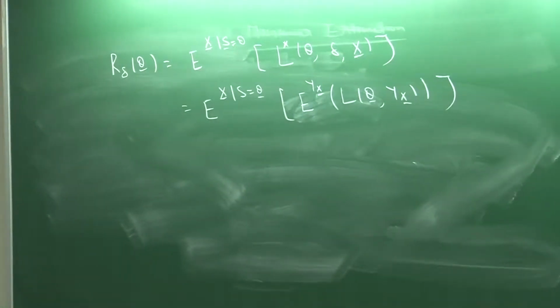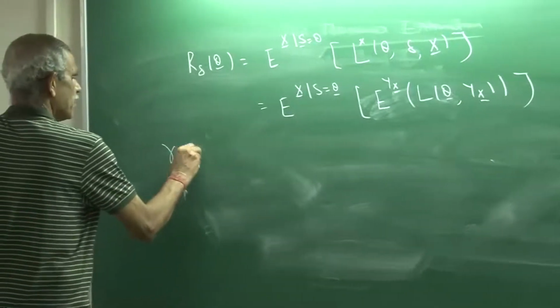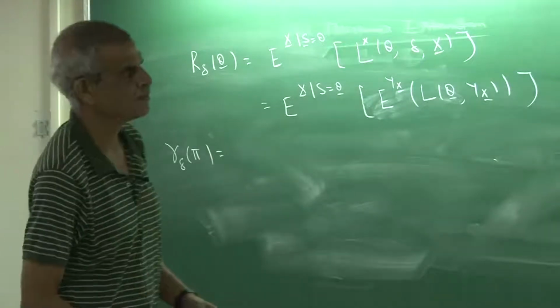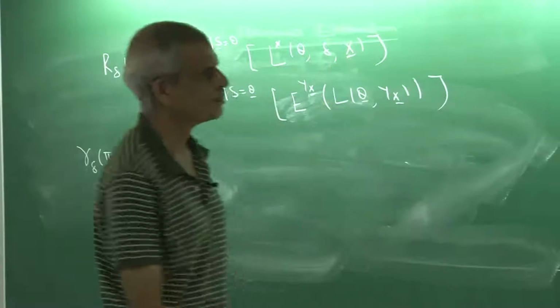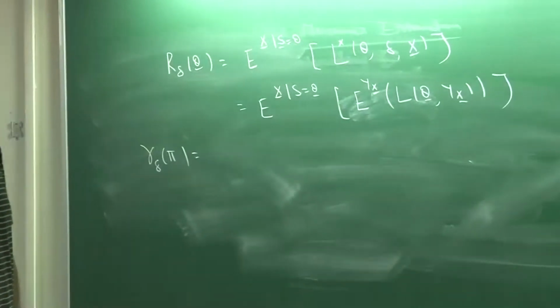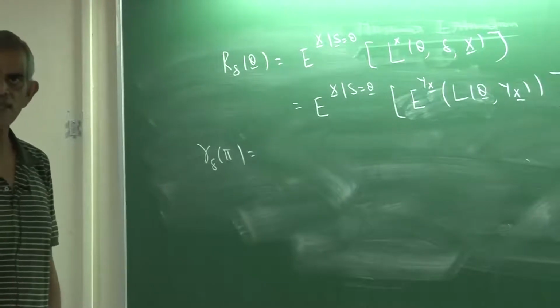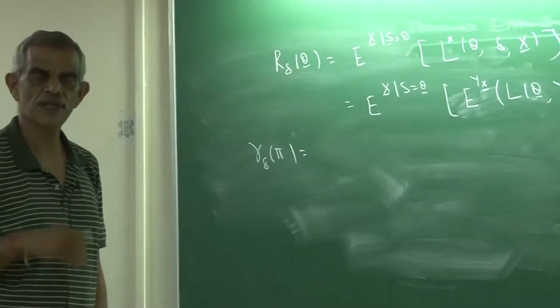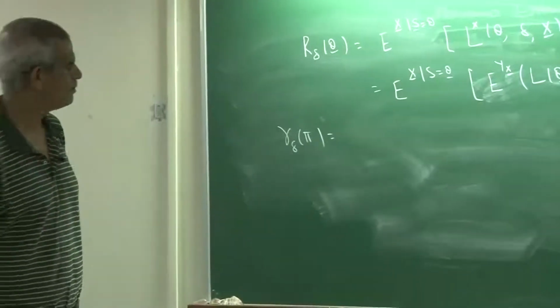Now what I have to do? I have to consider R delta pi. Pi is the given prior distribution to me, because when I talk about a Bayes estimator, it is always in reference to a given prior distribution. So here I assume pi is a given prior distribution.